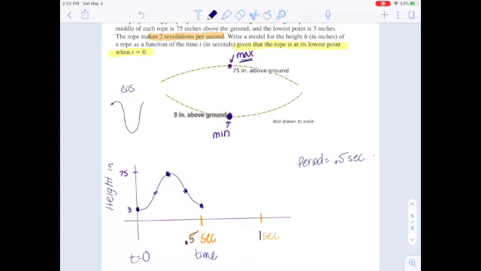So cosine starts high, goes low, and then goes back high, right? But what would a reflection of that cosine be? Negative cosine would just be low, gets high, and then ends low again, right? So I'm actually going to choose to write this function as a function of cosine instead of sine, because my y-intercept is actually a low point.